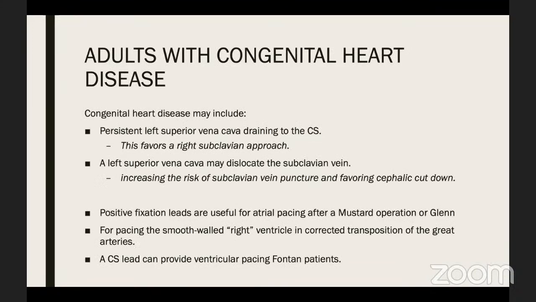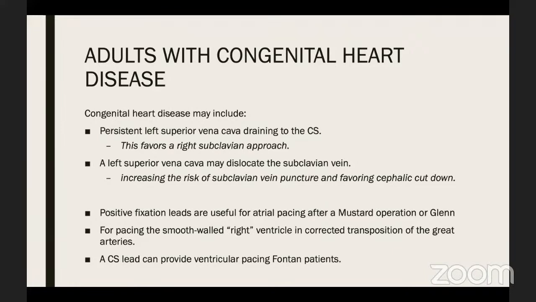So in an adult patient with congenital heart disease, congenital heart disease may include the persistent left superior vena cava draining to the coronary sinus, in which case we prefer a right subclavian approach, as a left superior vena cava may dislocate the subclavian vein, increasing the risk of subclavian vein puncture and favoring a cephalic cut down.